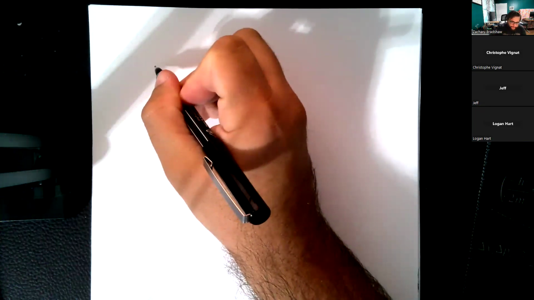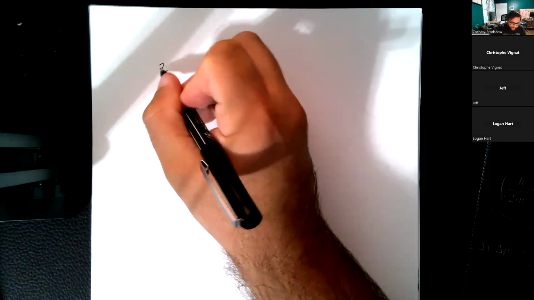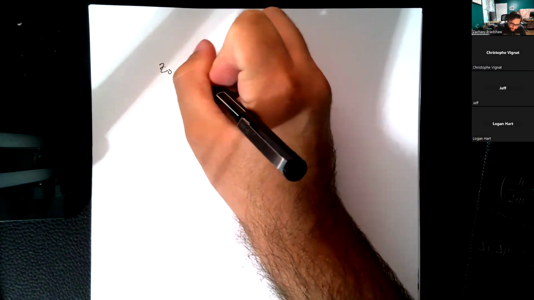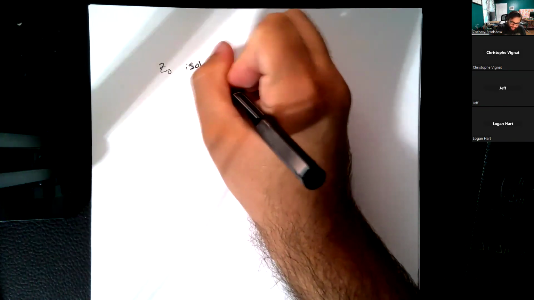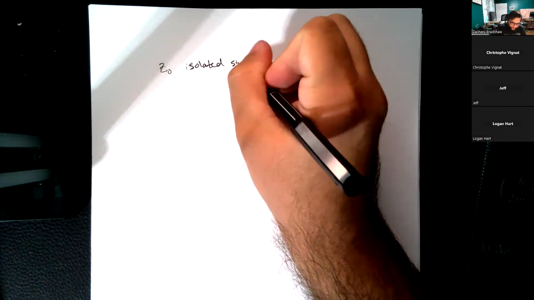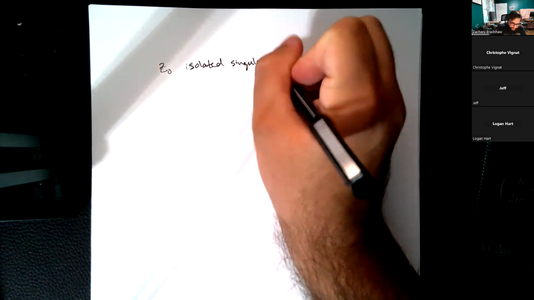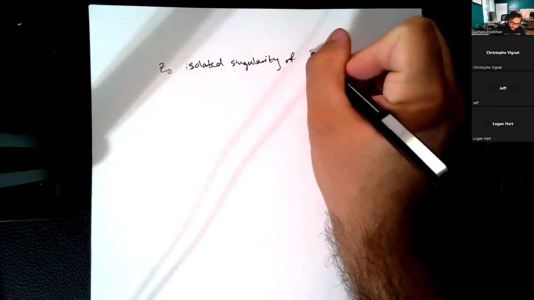So suppose you have z0, an isolated singularity of f. So what does that mean? That means f does something funky at z0.